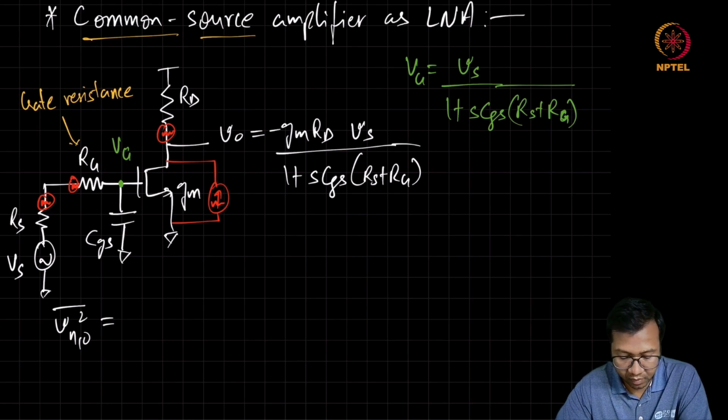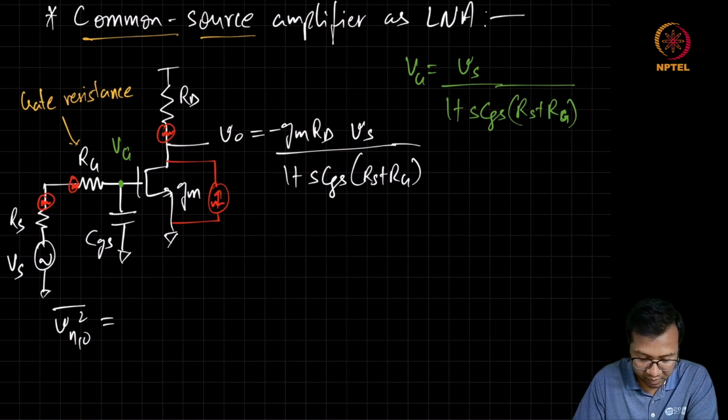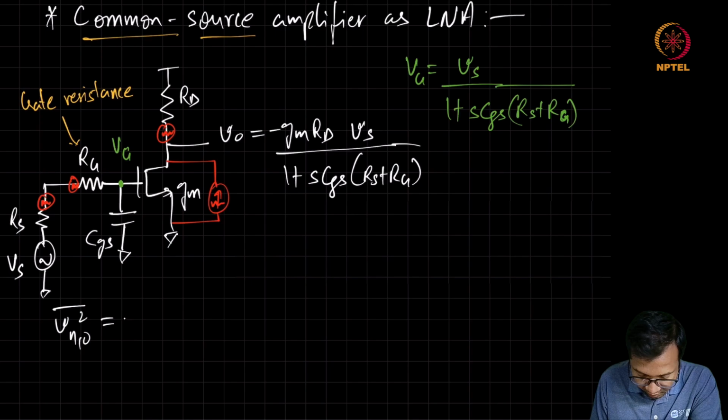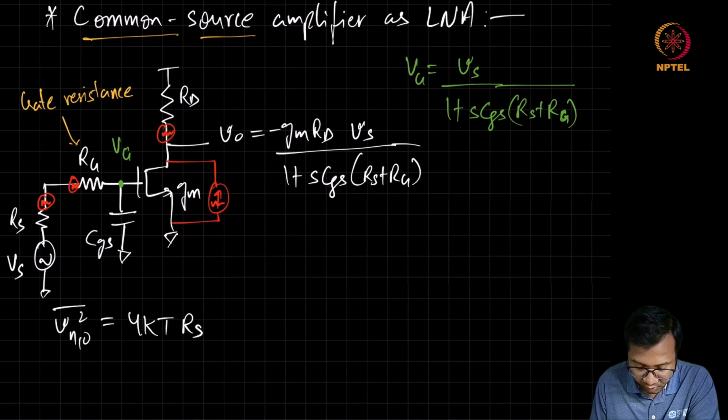In most of the cases, you might have already seen that whenever we have multiple noise sources, we will assume that all the noise sources are uncorrelated. So their noise power is going to get added. So the noise due to the Rs, which is 4kT Rs, is going to get multiplied by the same gain that we are seeing from the input to output.